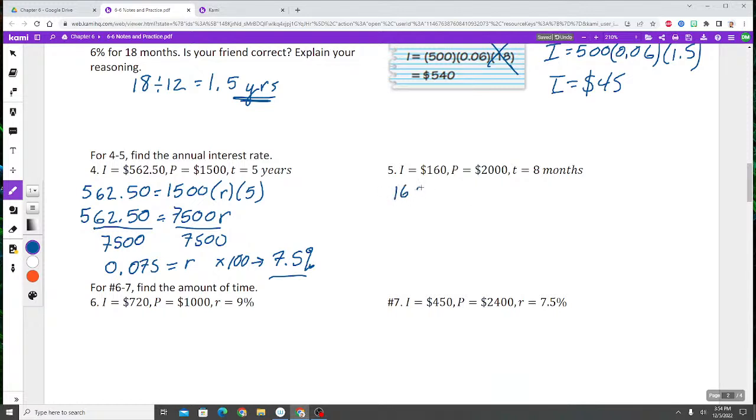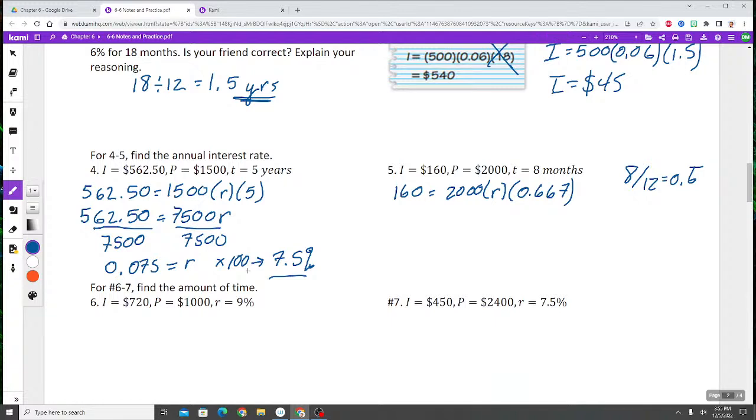So again, we have 160 equals 2,000 R times 8 months. I'm going to use 0.667 for my time, because that's 8 divided by 12, which is 2/3, which is 0.6 repeating. Just so that I have enough decimals to work with, I'm going to take 2,000 times 0.667.